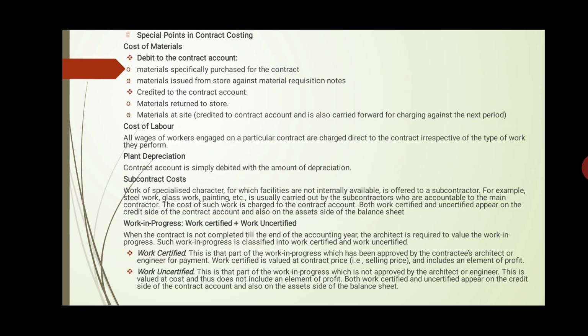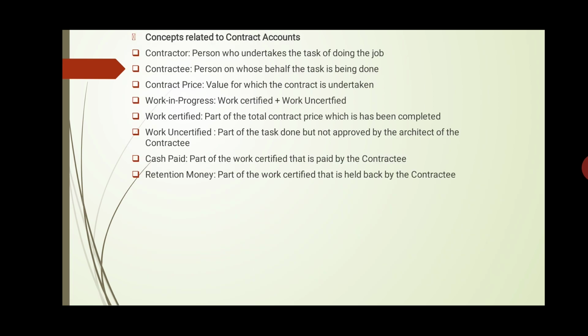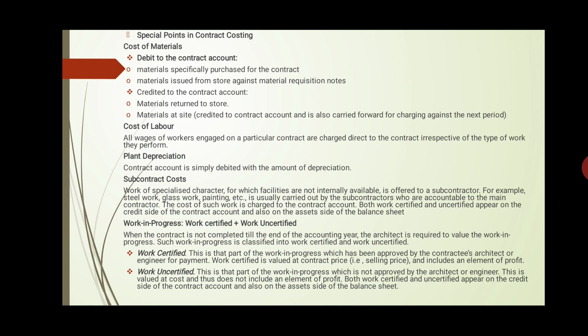Now there are certain points which have to be remembered while preparing the contract account. These are related to certain expenses of the contract account. Cost of materials. Now for the cost of materials, all these which are listed, materials specially purchased for the contract, have to be shown on the debit side.